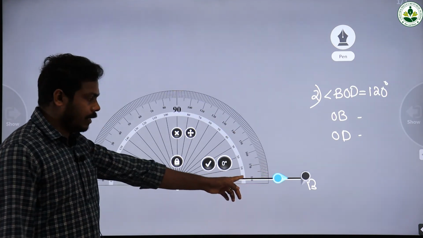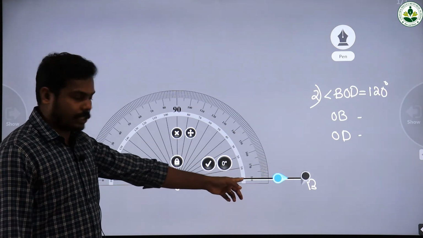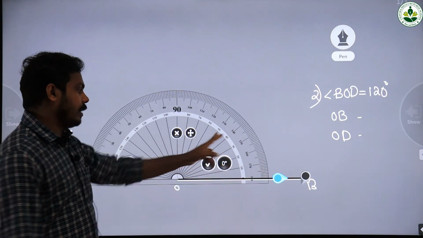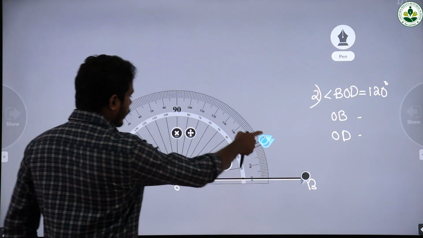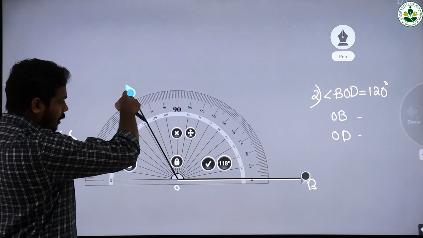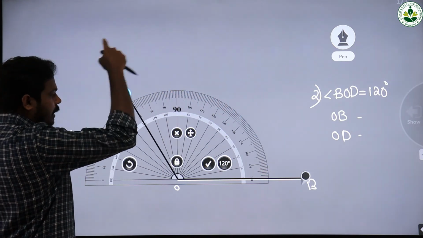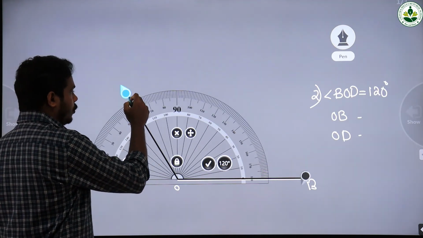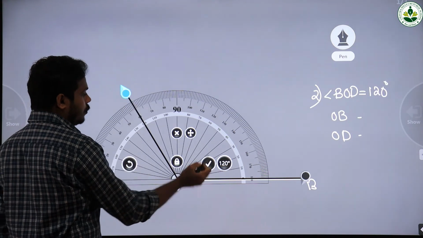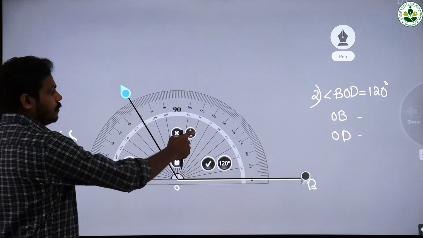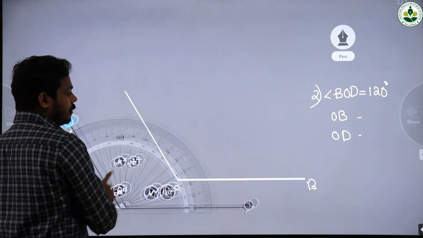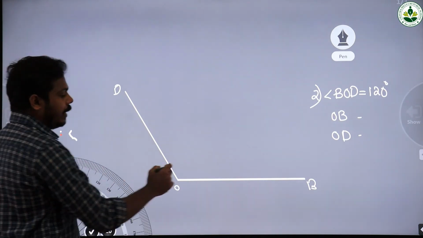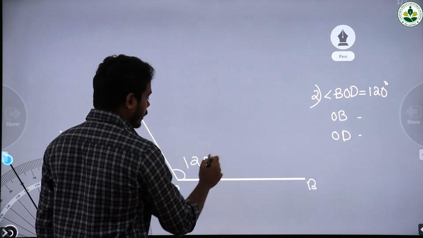Start measuring from the 0. Here 0 is on the inner scale, and look where is 120 degrees. Here we can see 120 degrees. Then join these two points. Now we got the angle BOD with 120 degrees.